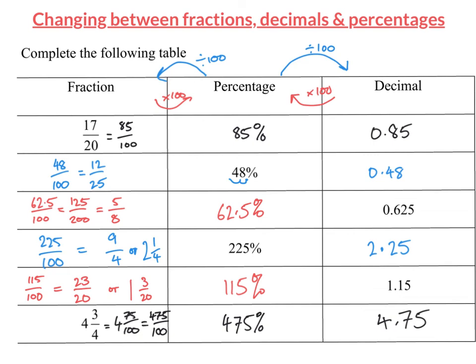So if you had something in meters and something in millimeters, you'd convert them into centimeters. And then you could add them, subtract them, or compare them. It's the same thing here. I often think too that writing them as a decimal is the easiest way to compare them. Because here you can see that it's nice and easy. 4.75 is biggest, then 2.25, then 1.15, 0.85, 0.65, and 0.48.